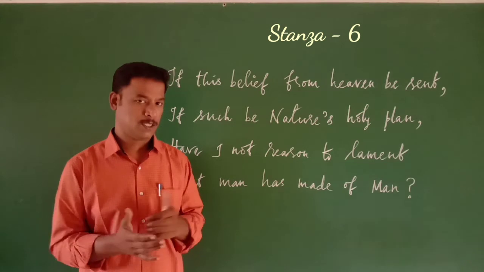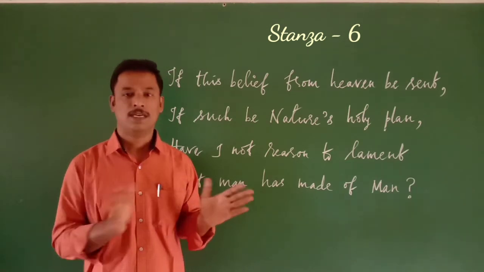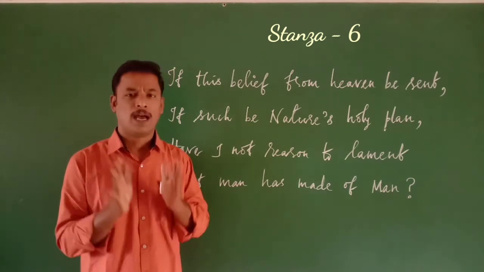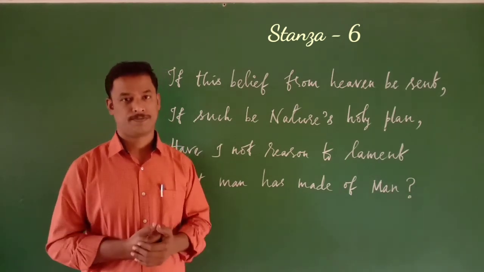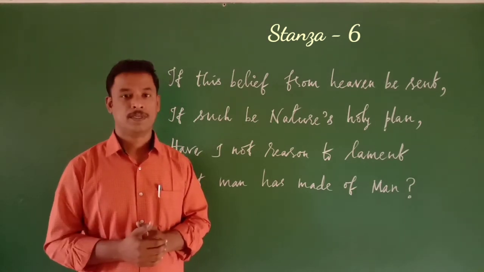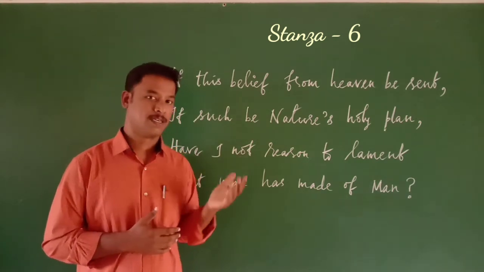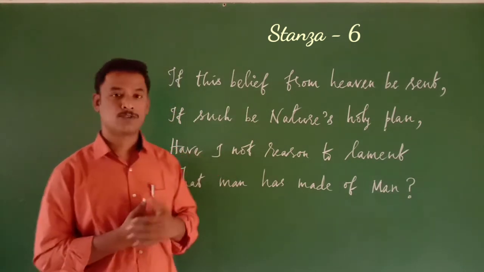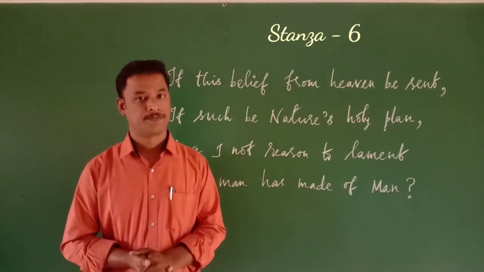Nature is linked to every human soul, but human beings have separated themselves from nature and have failed to realize the pleasure in Mother Nature. Thus, the poet ends his poem with the lament that was mentioned earlier. Have I not reason to lament what man has made of man?